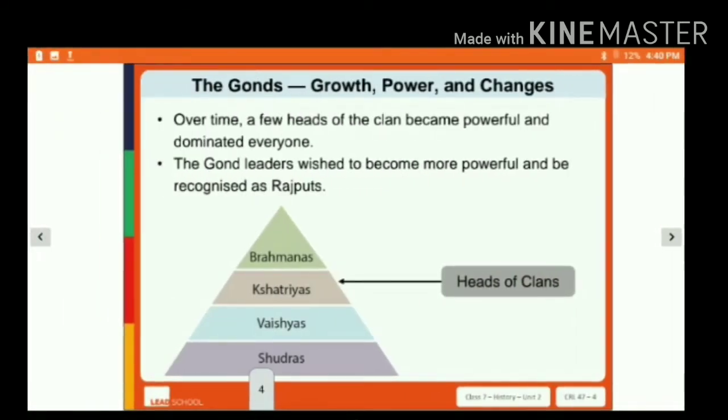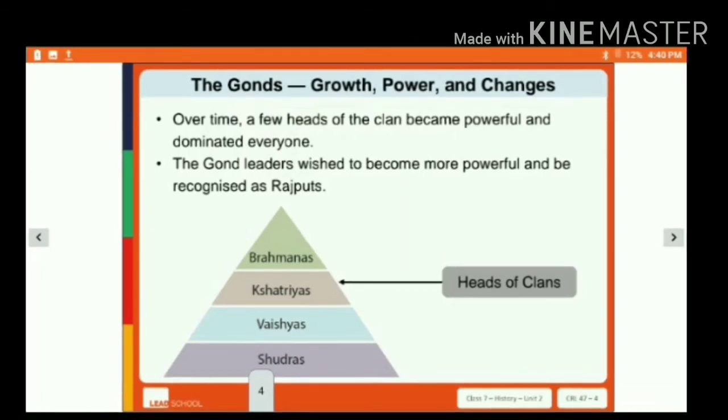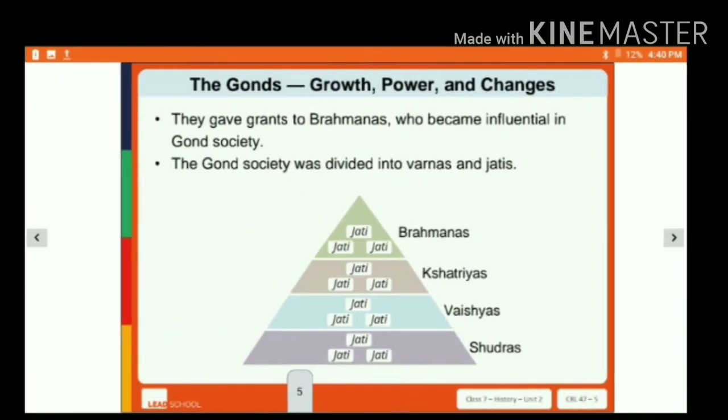Next, we are going to discuss the Gonds' growth, power, and changes. Over time, a few heads of the clan became powerful and dominated everyone. The Gond leaders wished to become more powerful and be recognized as Rajputs.